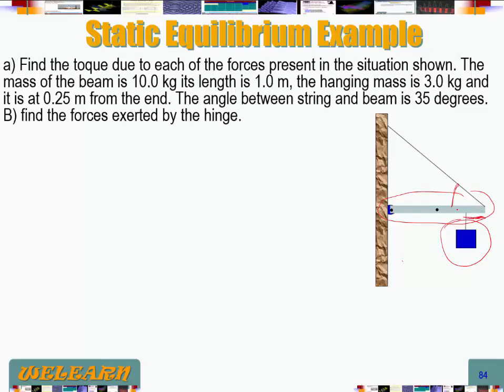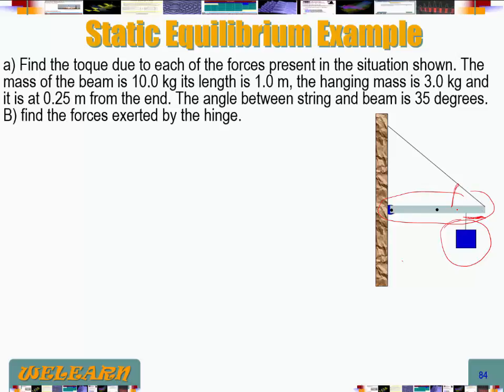The first question is to find the torque due to each of the forces present in the situation shown. Now, what we are shown here is in equilibrium, meaning that we don't have any motion in any direction. In particular, we don't have any rotation.